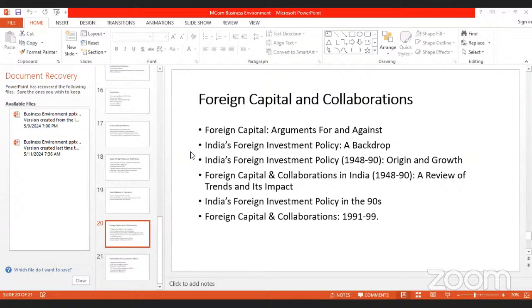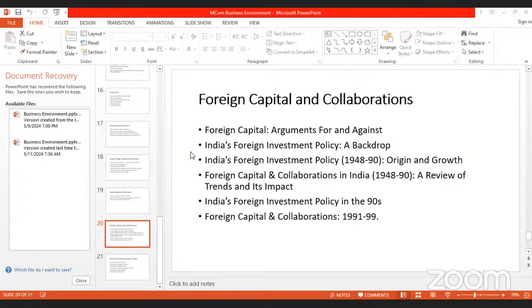So, the next thing which we have seen in this era was controlled liberalization, which happened between the 1970s and 1980s. It was known as the controlled liberalization era. The 1970s and 1980s saw a gradual shift with controlled liberalization.